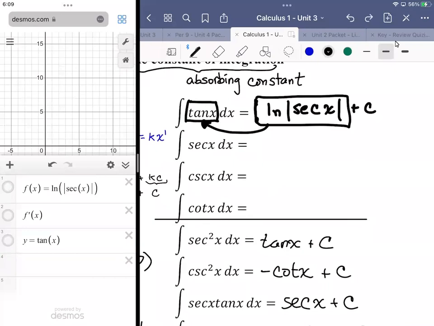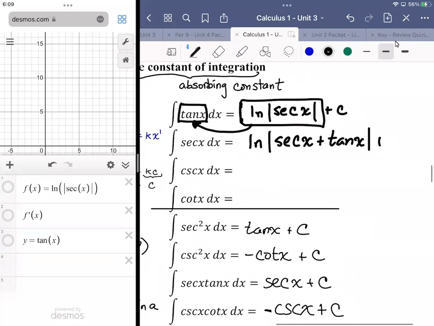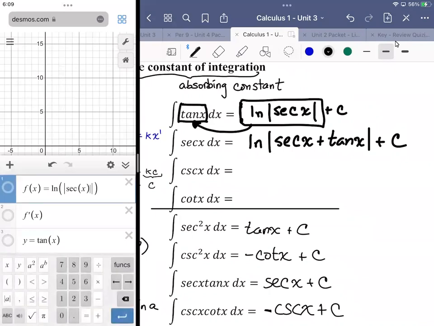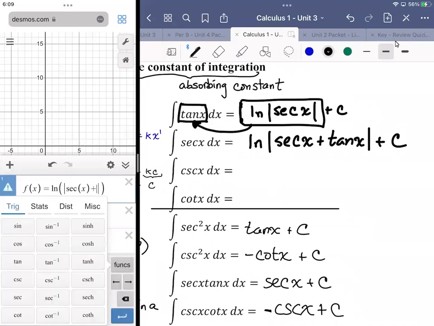All right. So secant has an antiderivative of the natural log of secant x plus tangent x plus c. Same idea. If I were to take the derivative of the natural log of secant of x plus tangent of x, I could pop that in easily enough.